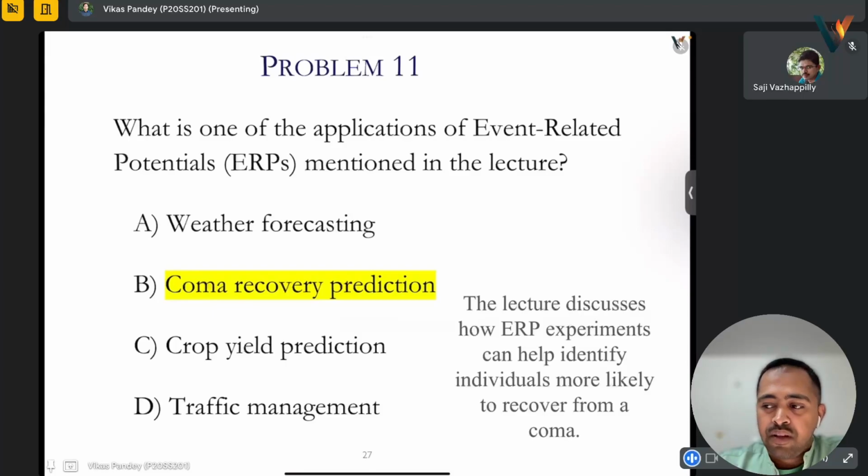If we do the analysis continuously, we know that this person might recover from coma, unlike what is shown in movies, where they declare something and then the person recovers. So this will be more scientific. We will be able to understand whether that person is going to recover or not.